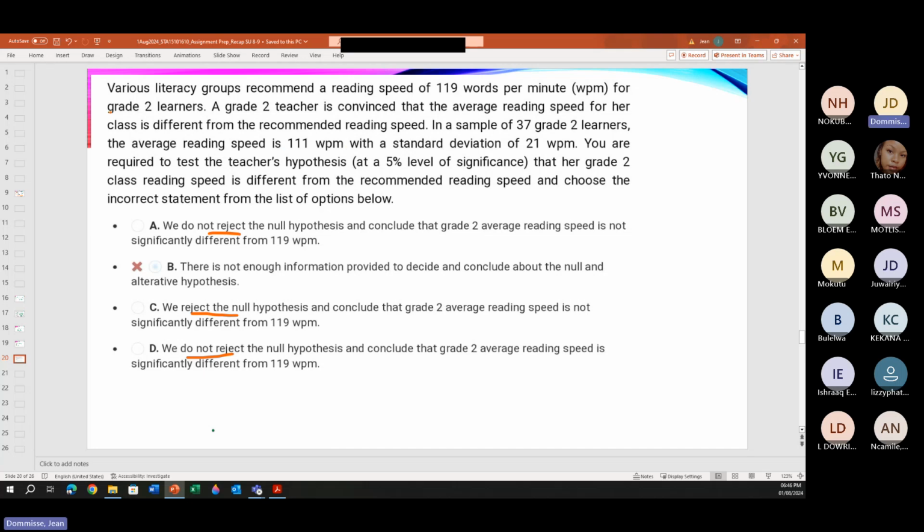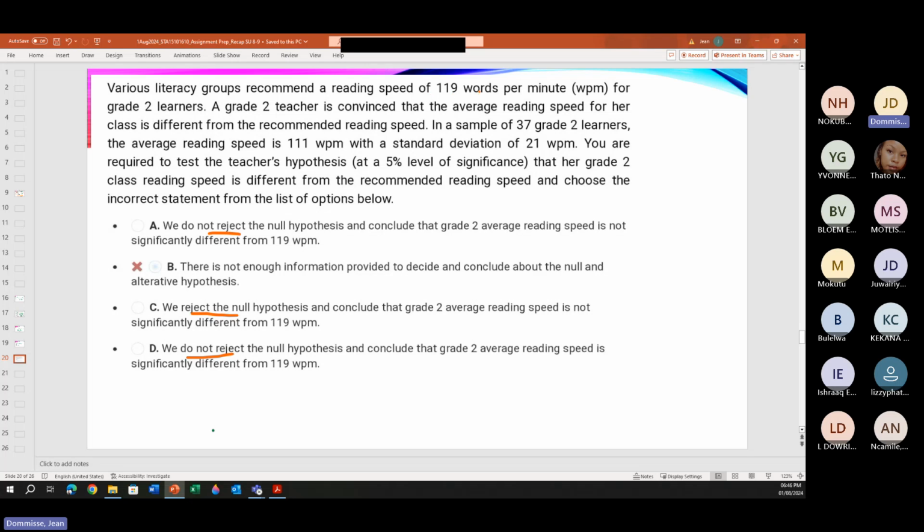So let's first read it, write down our hypotheses, and then check if we need to work out anything. Various literacy groups recommend a reading speed of 119 words per minute, very similar to the one we had on Tuesday, I think for grade 6 or 7 learners.